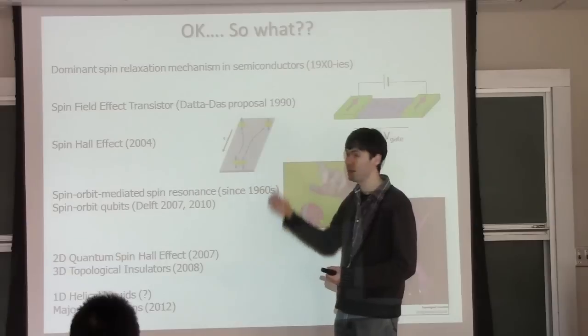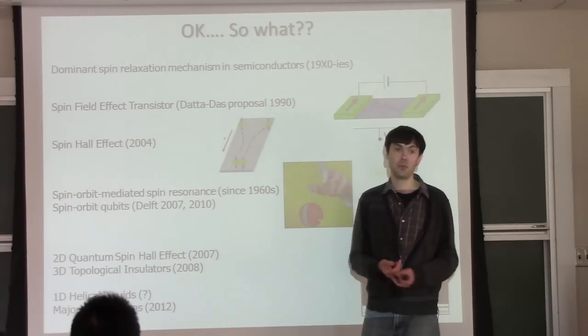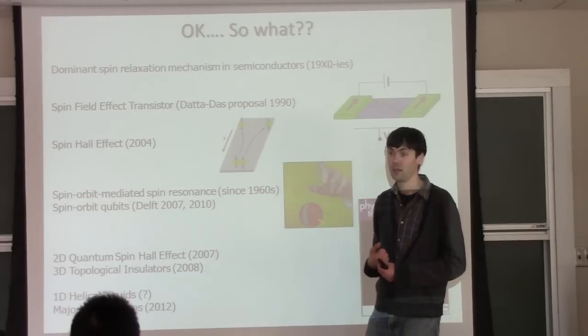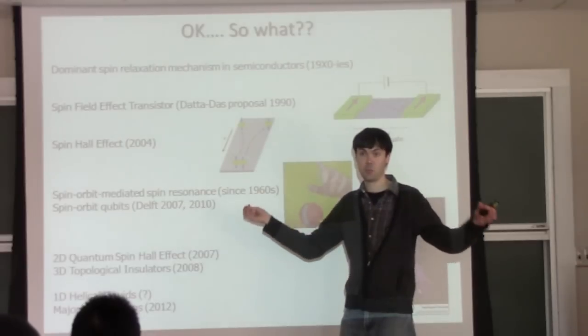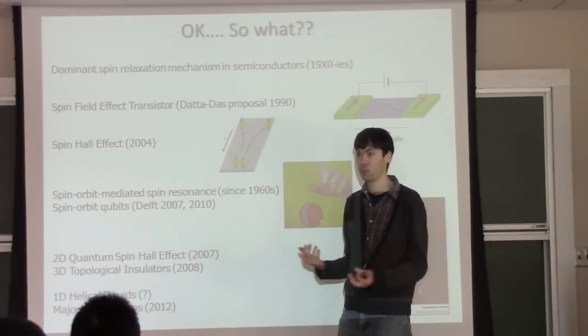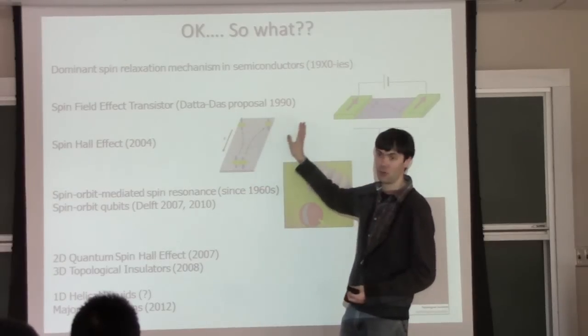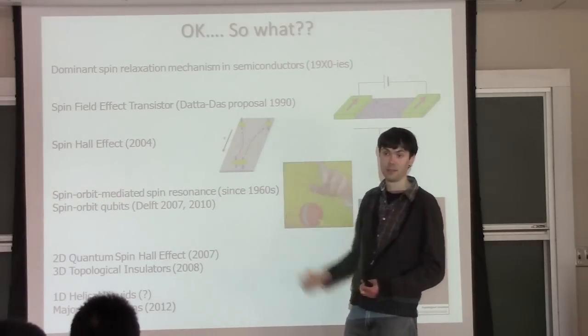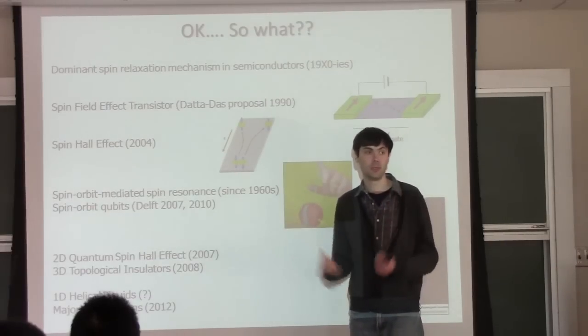So spin of an electron influences the motion of an electron. And you can imagine some usefulness to this effect as well. If you want to start with an unpolarized current and create spin accumulation of a given spin, we'll send it through the semiconductor, and all the spin downs will go to one side, and you can collect them here. If you want to use them to create a spin current, for example, in a spintronic circuit.